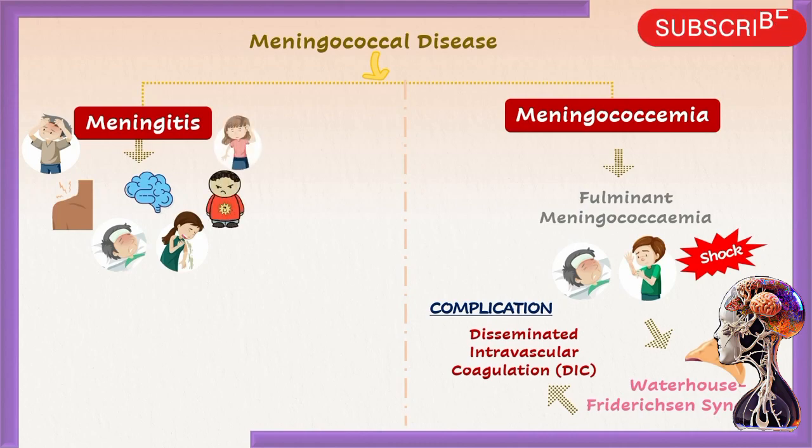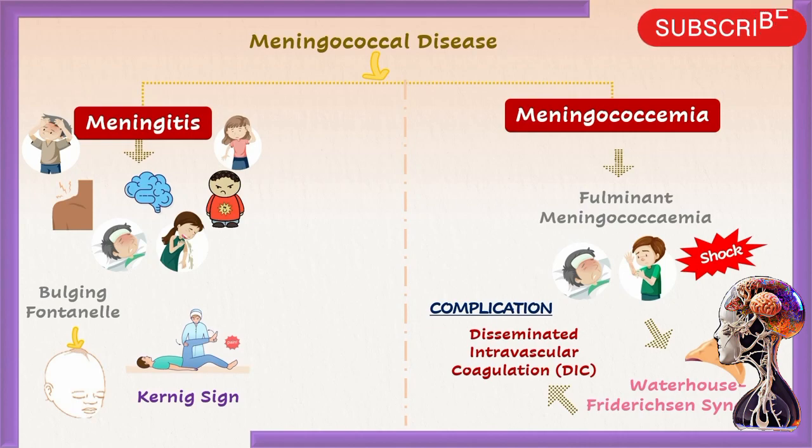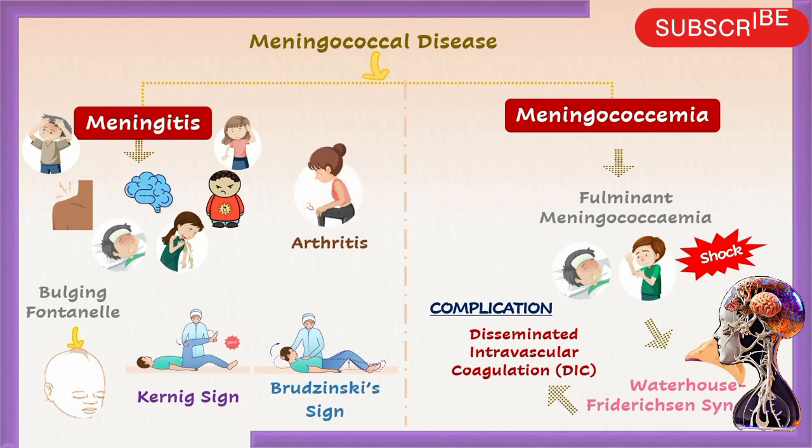A bulging open anterior fontanelle may be a sign of meningitis in neonates, while older patients may display a stiff neck as well as a positive Kernig's sign, which is when a patient lies flat and has thighs bent at the hip and the knees at 90 degrees, and when you try to straighten the knee, it elicits pain and is resisted, and Brudzinski's sign, in which the patient lies flat and you lift their head off the table and the patient lifts their legs up involuntarily. Also, septic or reactive arthritis may also develop as a result of meningitis.